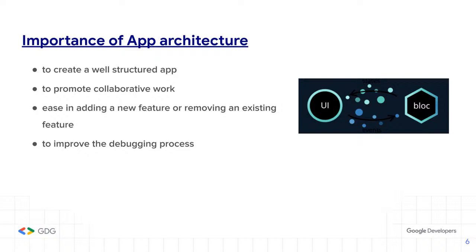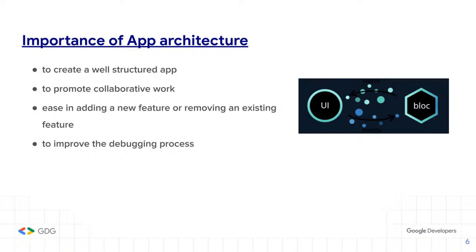Now, let's say, for example, I have a login screen that I want to design. In order to have a well structured app, I'm going to separate the design from the logic of the app.